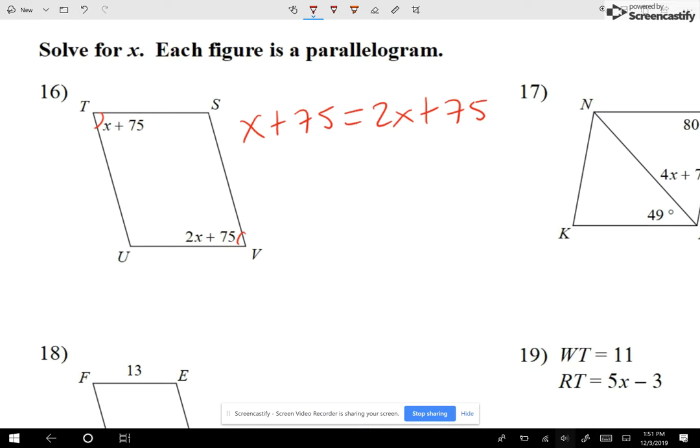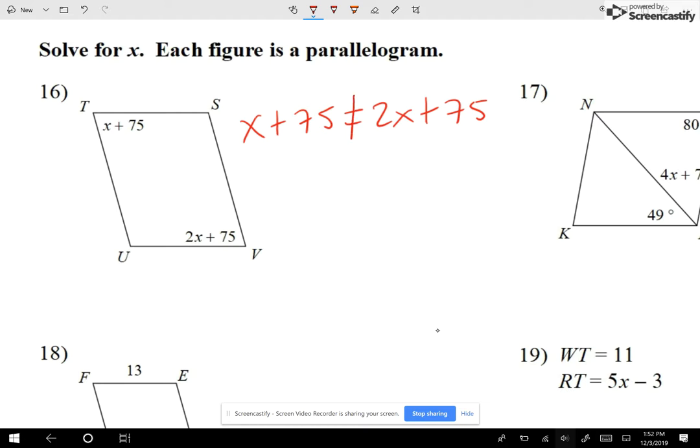Now, if they were adjacent, like let's say this instead of angle V was angle U, 2x plus 75, in that case, I would have added the two angles, x plus 75 plus 2x plus 75, equals 180. Opposite angles are equal to each other. Adjacent angles add up to 180. In this case, they're opposite, so they equal each other.